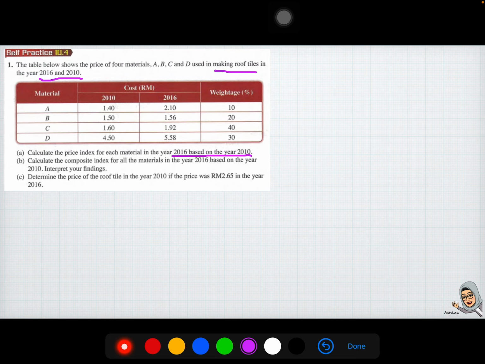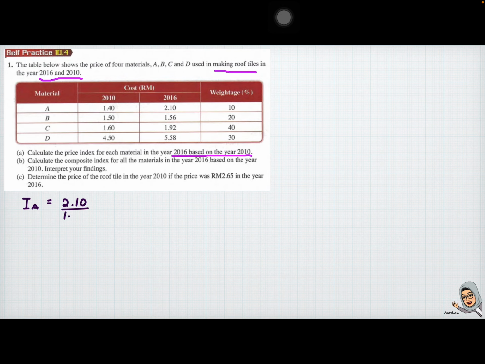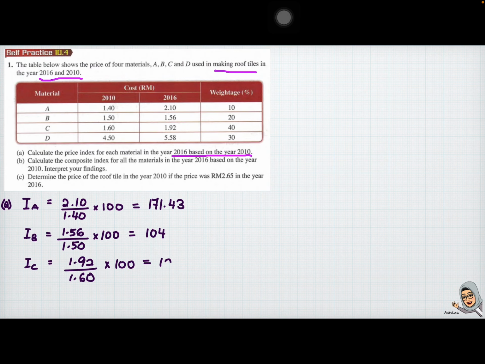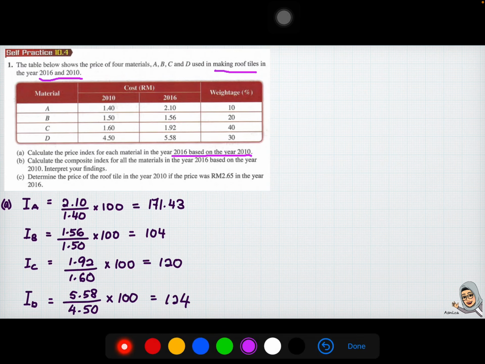So now we need to calculate the price index for each material. So for price index material A, it will be the ratio between the year 2016 to the year 2010.